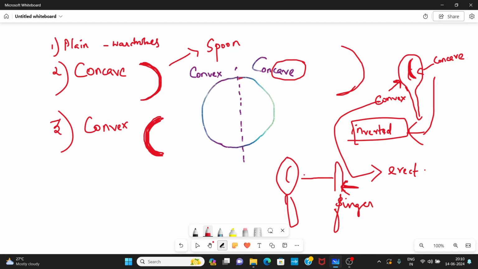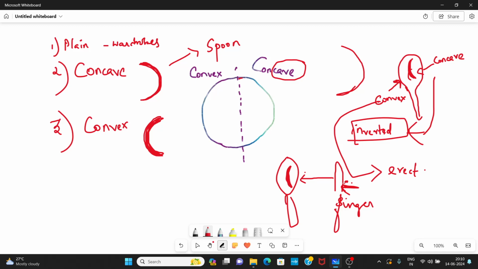As you get nearer to your spoon, your finger will be erect and magnified. Yes, that is the speciality of your concave mirror. Until a particular distance, your image will be inverted, and when the object is nearing your concave mirror, it will be erect and magnified.